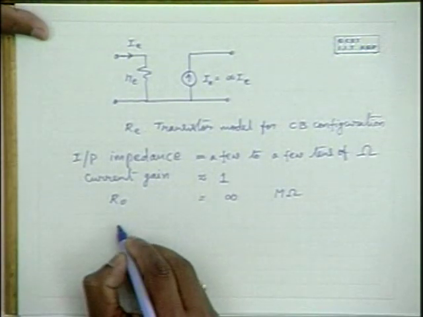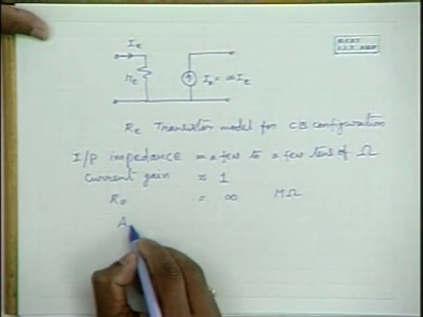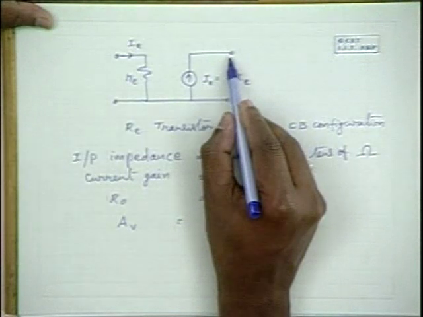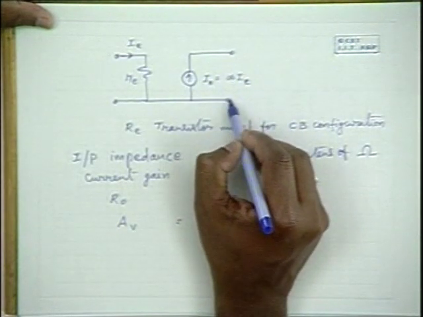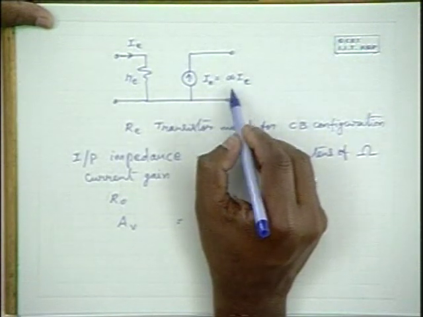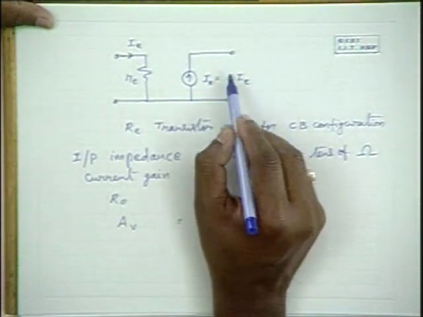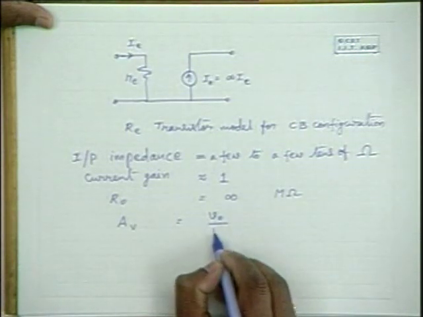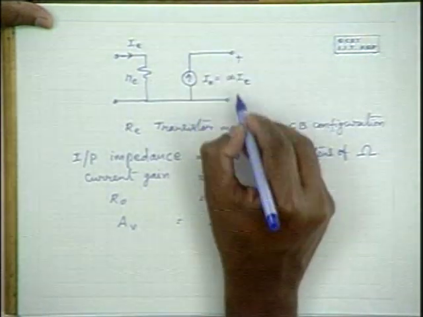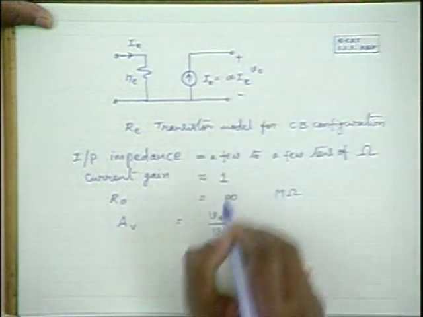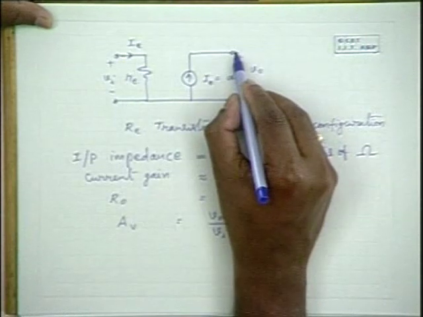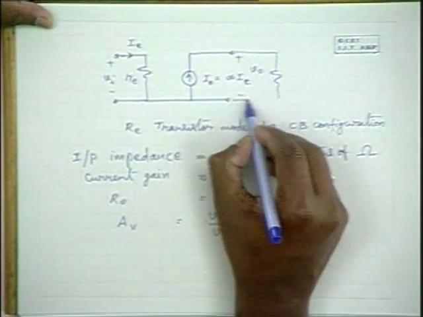Now, how much of voltage gain does it offer? Voltage gain depends on the amount of load resistance you connect here. Please determine the voltage gain here. So voltage gain is output voltage divided by the input voltage, alternating signals, when some load resistance is connected.